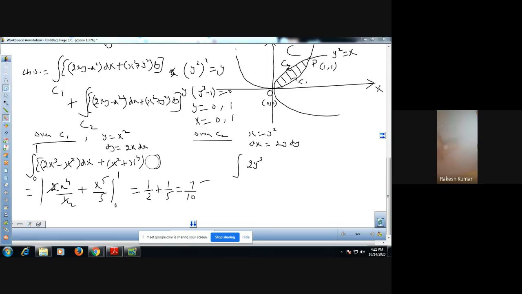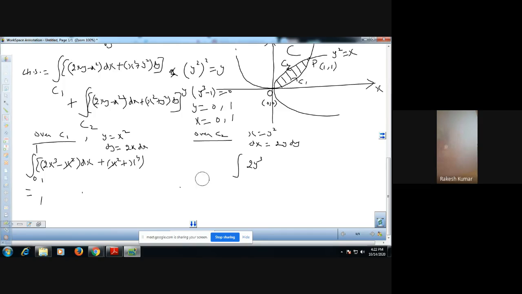This is rectified. We need to substitute the value of y here. So I think the value will change. So let us change accordingly, because we have to substitute the value of y, dy, sorry. So this is the dy. Dy is equal to 2x dx here. Ultimately, it cannot be cancelled now.